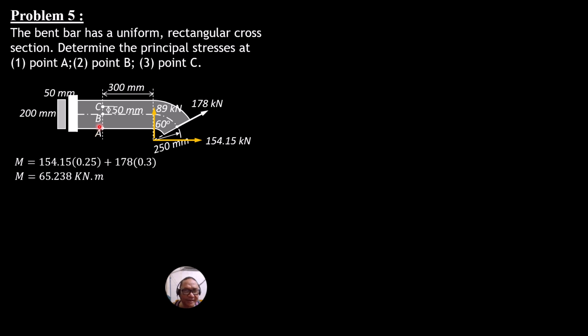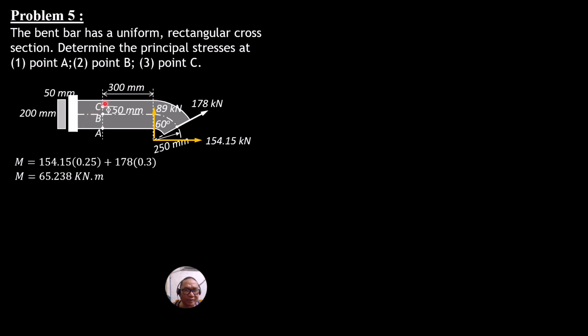First, for section A, the effect would be axial 154.15. If we draw the force triangle, we have an axial tensile force of 154.15 at the centroid and the moment of 65.238 kilonewton meter.